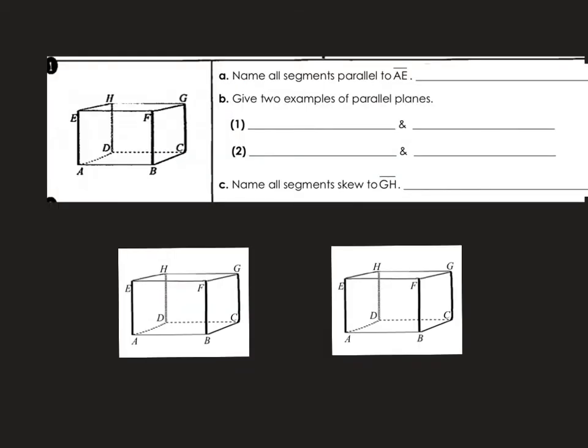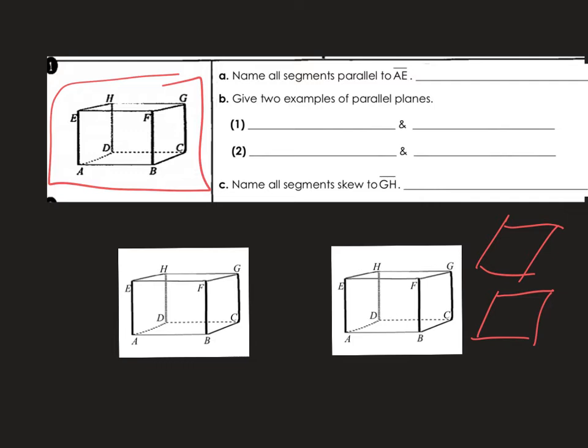Next, let's take a look at this figure, which I would probably press pause and copy. A quick note on how to do that fast is to draw two parallelogram-looking pieces, and then connect, connect, connect, and connect. All right, name all the segments parallel to AE.